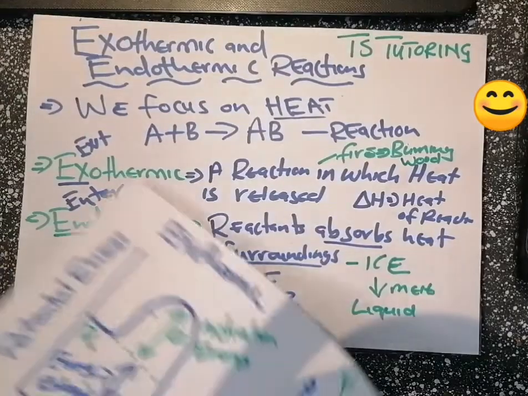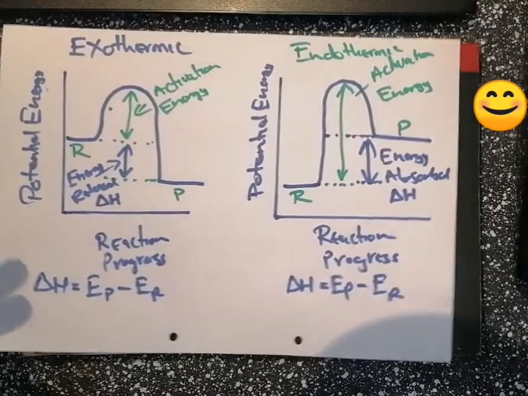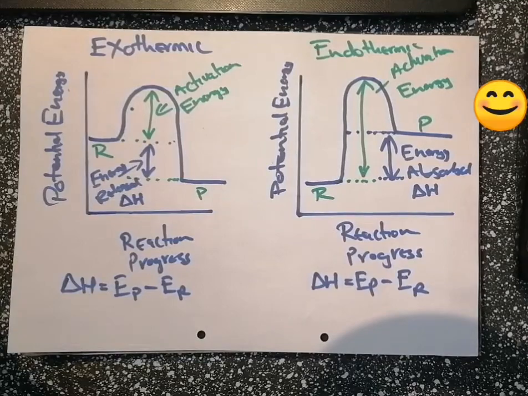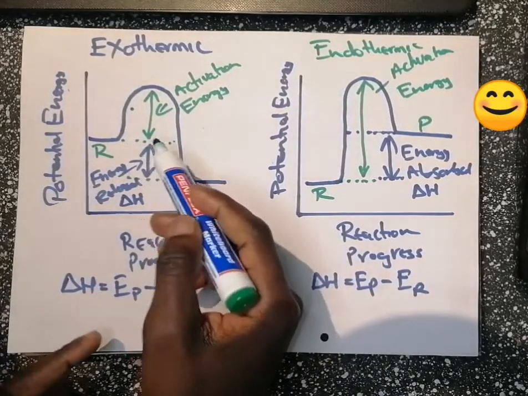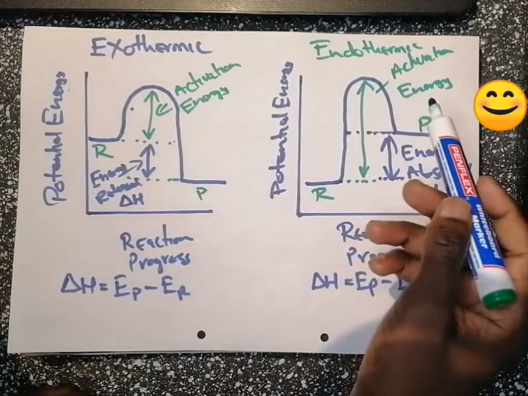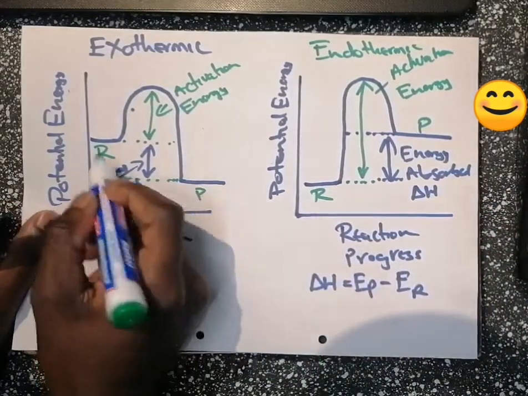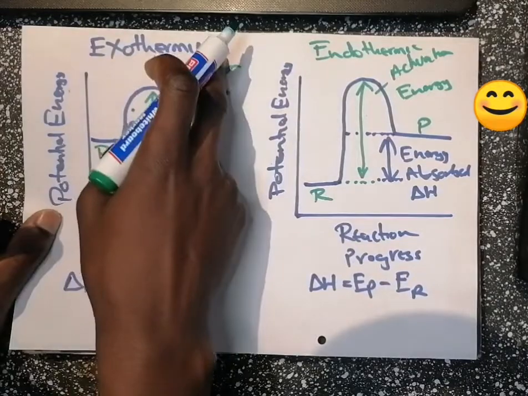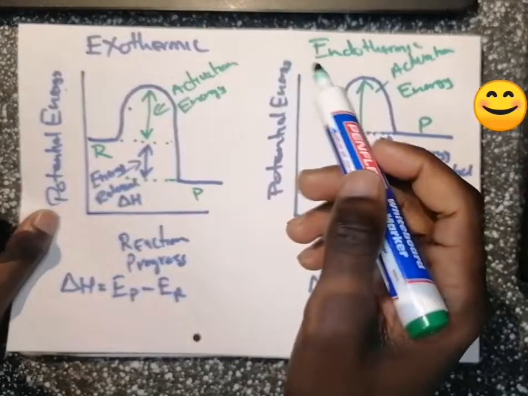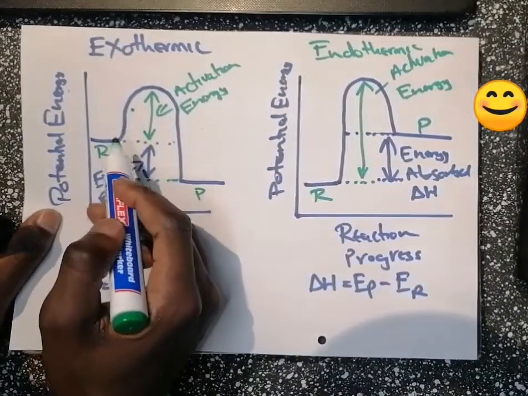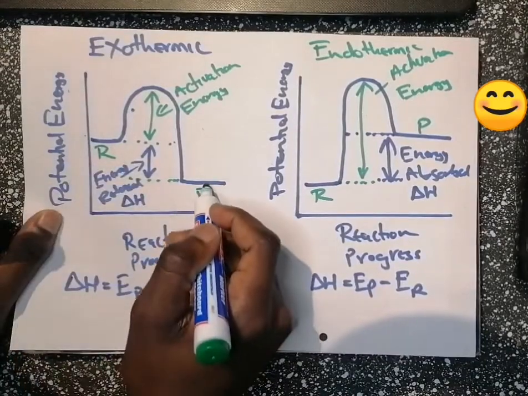Let's talk about the graphs, right? So in this chapter, you will learn about the graphs. We have a graph for an exothermic reaction and an endothermic reaction. What's the difference? Now, in an exothermic reaction, because heat is being given off, the energy of the reactants is higher than the energy of the product.